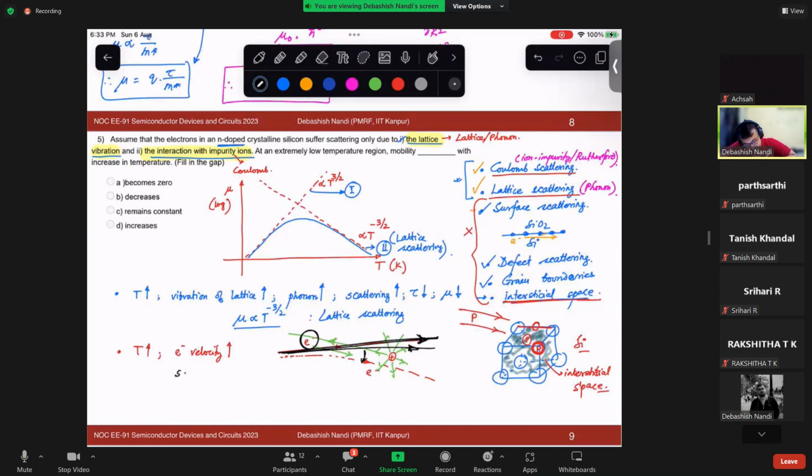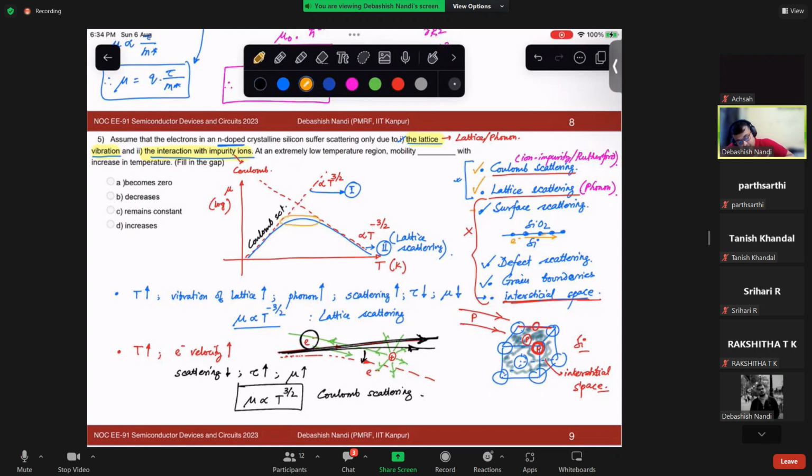That means scattering decreases, tau increases, and mobility increases. Experimentally it was found that this will be of this form. So this is your Coulomb scattering.